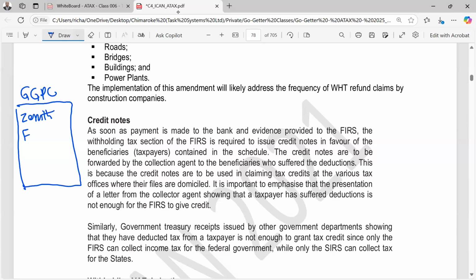Let's say I list FCA. It's another vendor. And let's say I list Wise and ICAN.